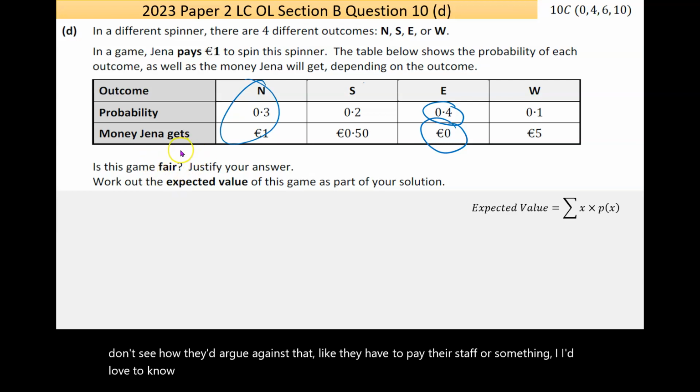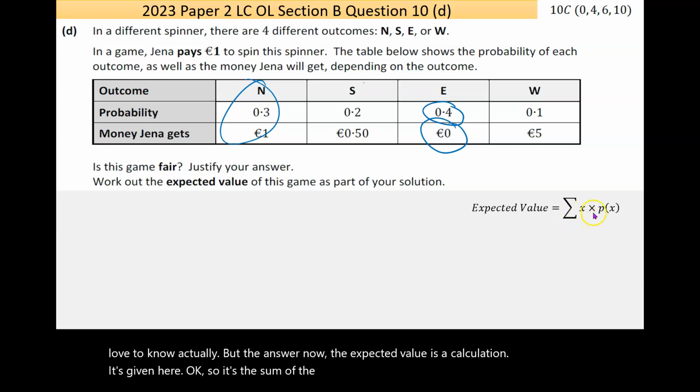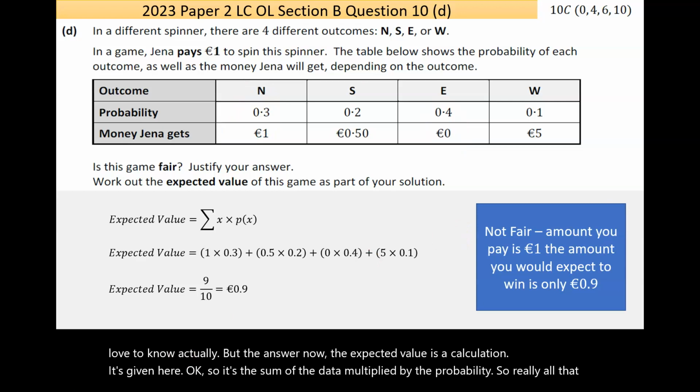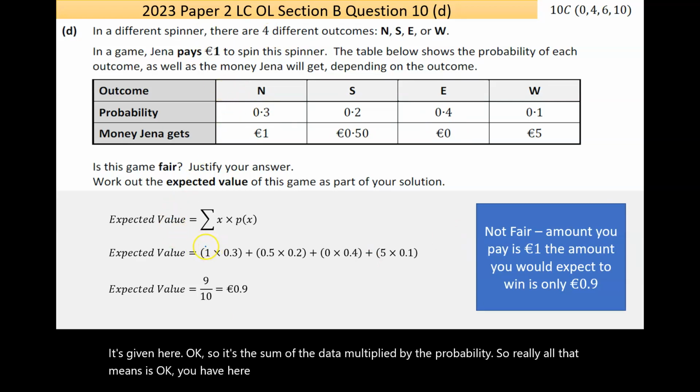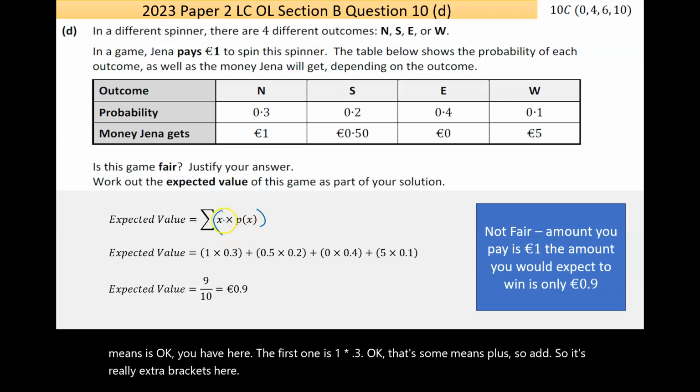But the answer now, the expected value is a calculation. It's given here, okay? So it's the sum of the data multiplied by the probability. So really all that means is, okay, you have here the first one is 1 times 0.3. Okay. Now sum means plus, so add. So I should put brackets here actually.